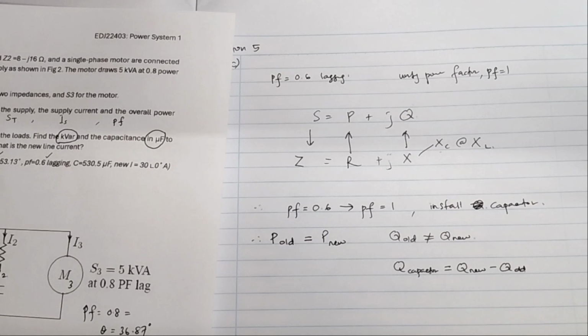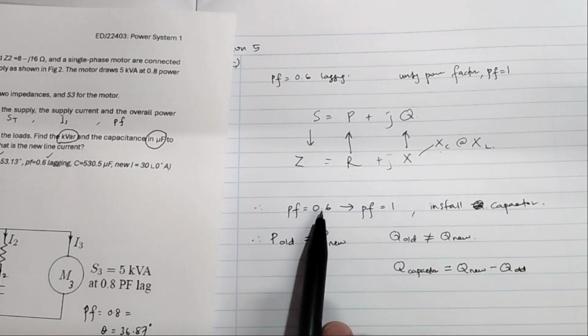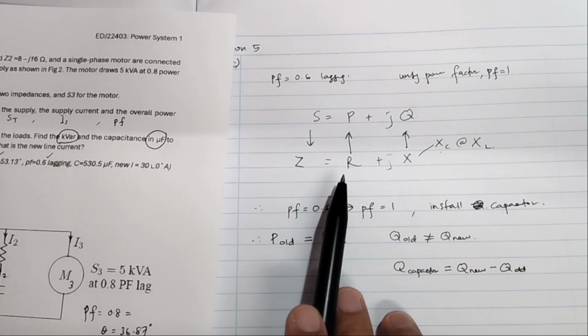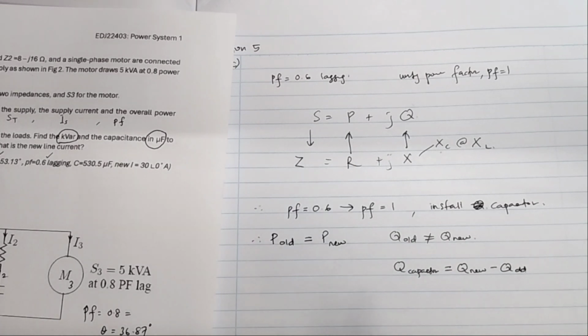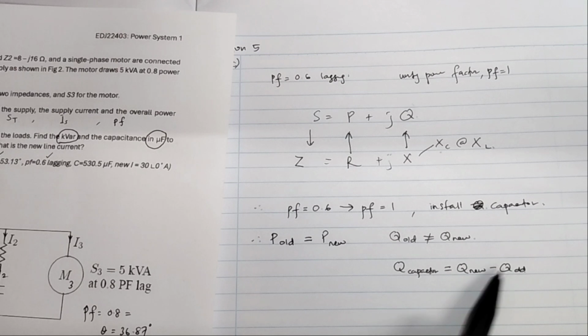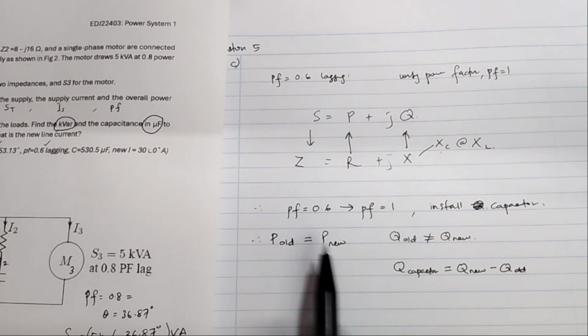Macam tu. Q old, Q yang kira sebelum ni lah, untuk 0.6 tadi. So, ingat, Q new is equal to Q capacitor plus Q old. So, Q capacitor adalah Q new minus Q old. Okay, jadi ingatlah. So, P old is equal to P new. Tak berubah. Okay, sebab dia tak ada effect.